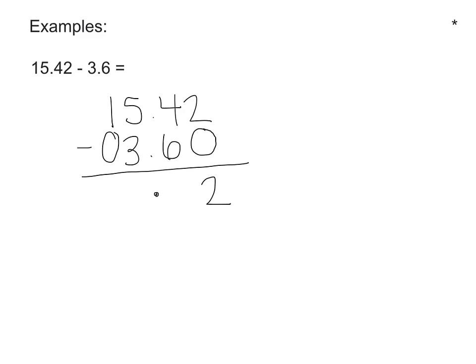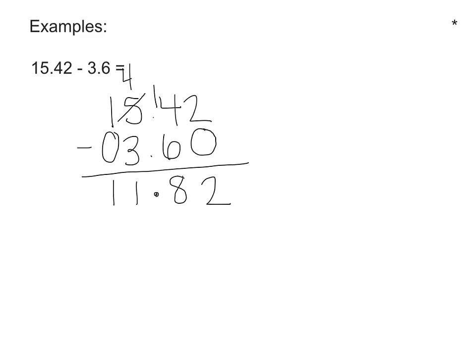So we have to borrow from our ones place value, which will turn our 5 into a 4 and our 4 into a 14. If we do 14 minus 6, we get 8. 4 minus 3 would be 1. And 1 minus 0 would be 1. So our answer to 15 and 42 hundredths minus 3 and 6 tenths is 11 and 82 hundredths.